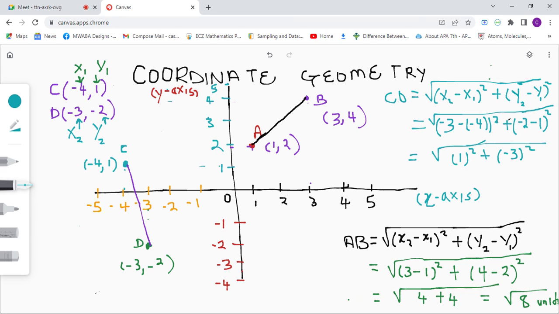So 1 squared gives us 1. So we have 1 plus -3 squared, that gives us 9. 1 plus 9, that is 10. So the length of line CD is the square root of 10 units.